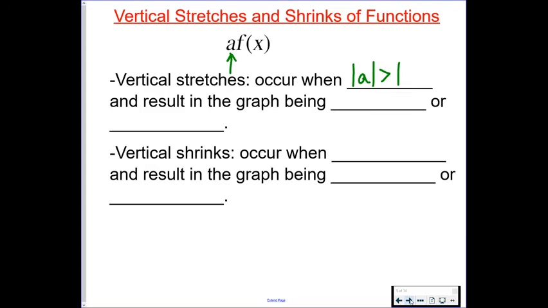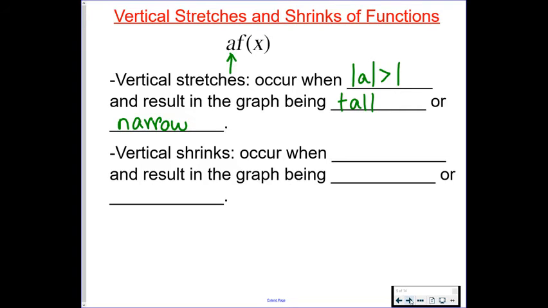And it results in the graph being tall or narrow. So if you think about a rubber band, if I give you a rubber band and stretch it, it's going to stretch vertically. And as it stretches, it makes it taller. And it also makes it really skinny. That's what a vertical stretch does to a graph. It makes it taller, but it also makes it really skinny and narrow.